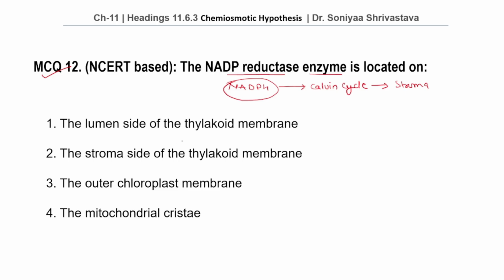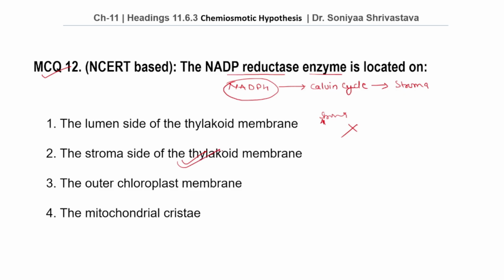Option number 1, the lumen side of the thylakoid membrane. Is it so? No. If the NADPH were produced inside the lumen, it would have to cross the membrane to reach the Calvin cycle enzymes in the stroma. So this option is wrong. Option number 2, the stroma side of the thylakoid membrane.